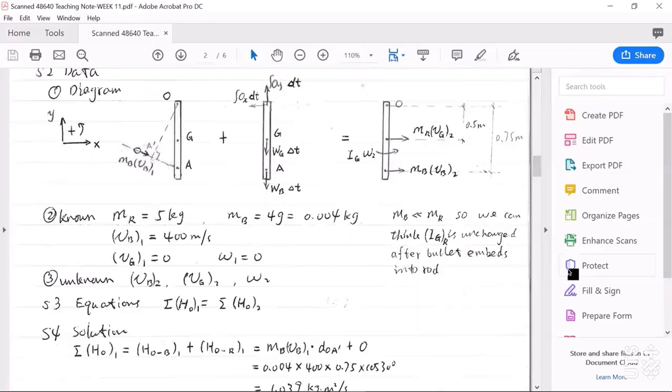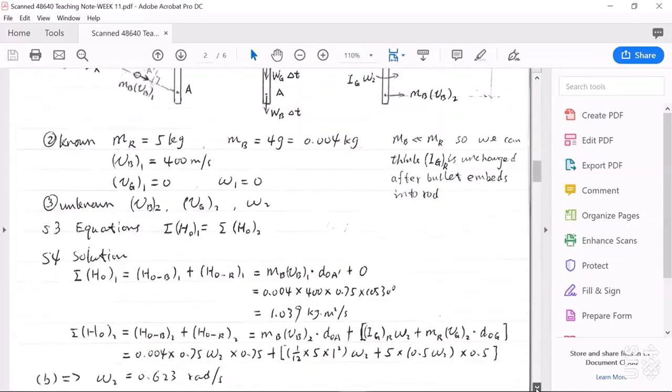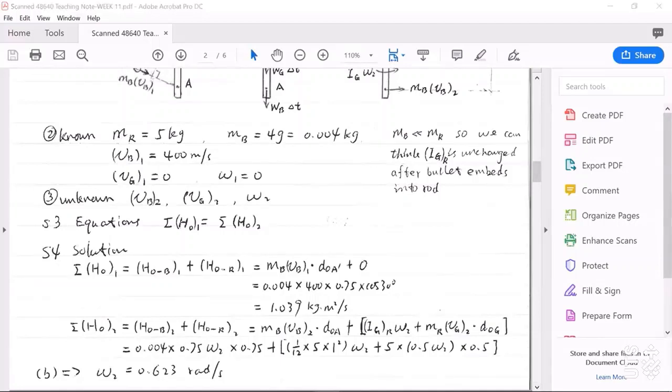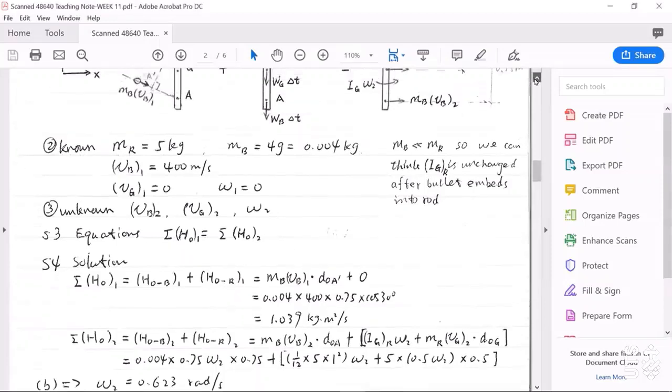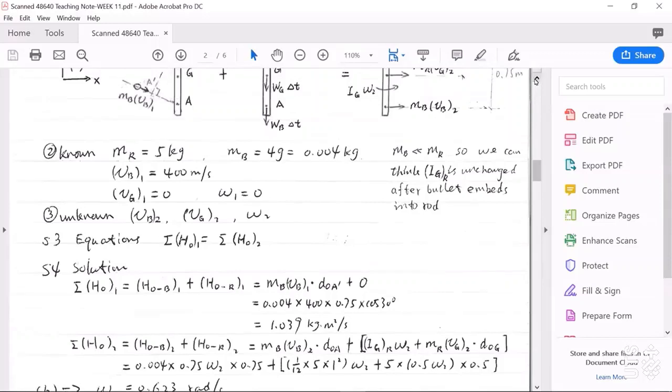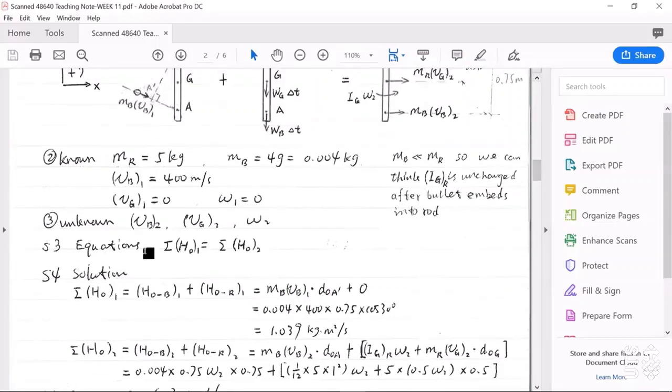It should be positive. When solving this problem, you can see we must select point O to apply the conservation of angular momentum.